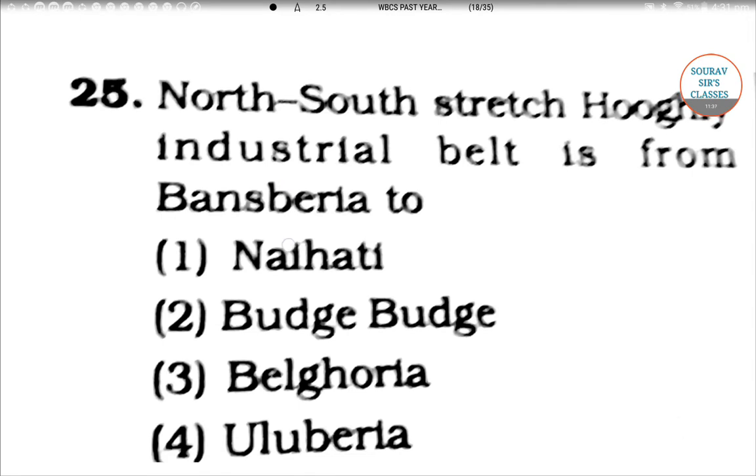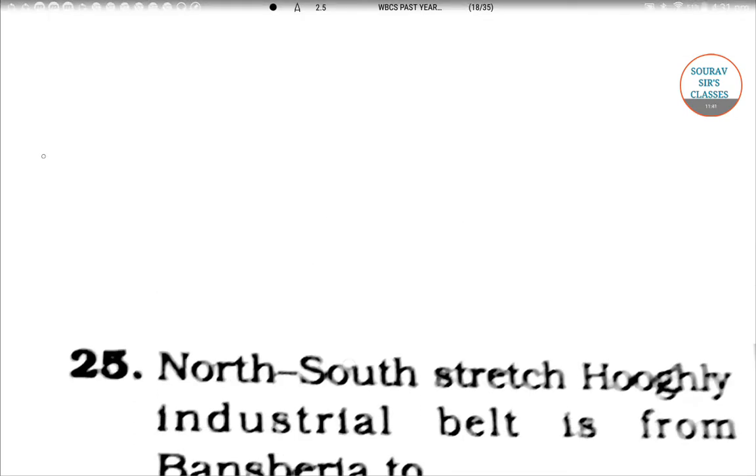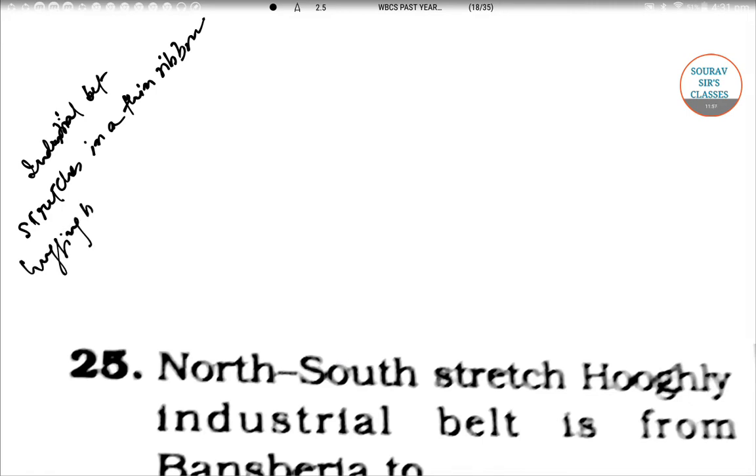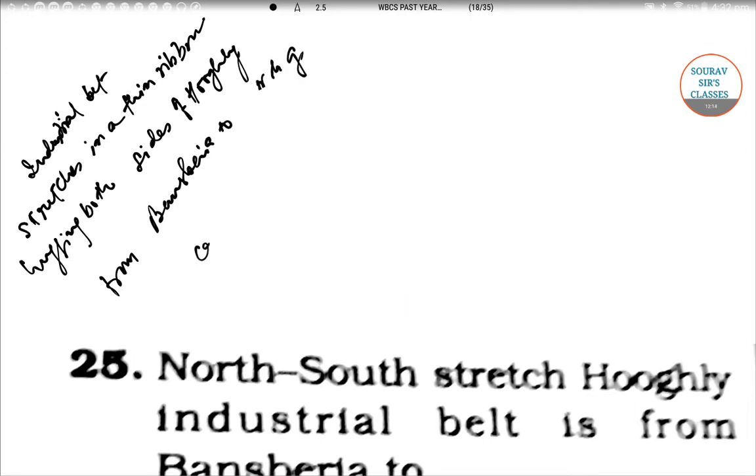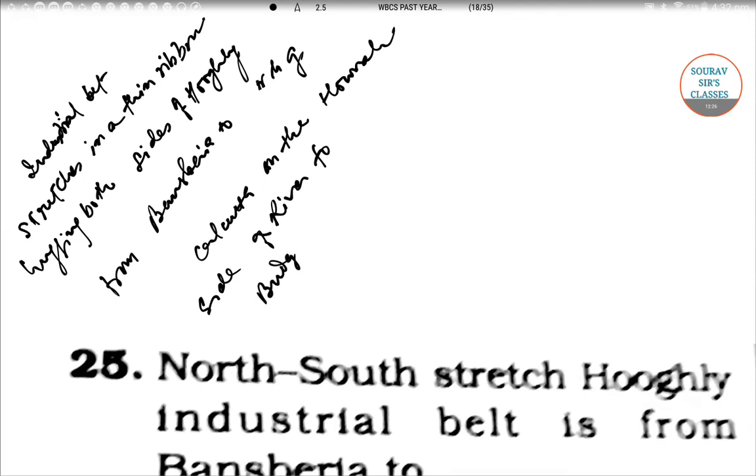So the industrial belt stretches in a thin ribbon hugging both sides of the Hooghly, from Bansberia to the north of Calcutta on the Howrah side of the river, to Bajbaj on the opposite bank south of the city, that is south of Kolkata.